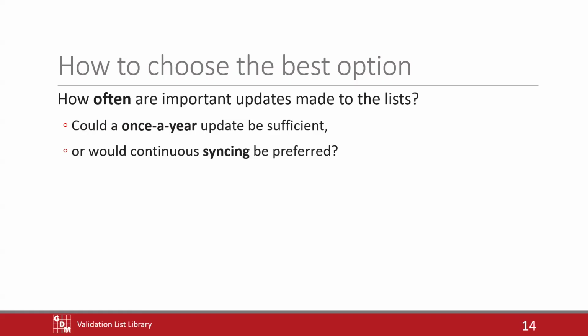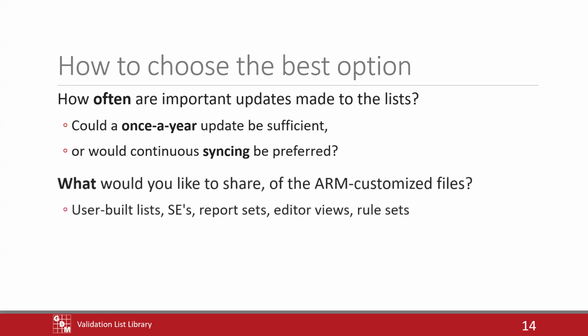Or is it something where there's a time of year where we're adding things almost constantly, almost daily, or we're a big enough company that there's research in some part of the world all the time, so it needs to be constant. So the frequency of when you want updates to happen.